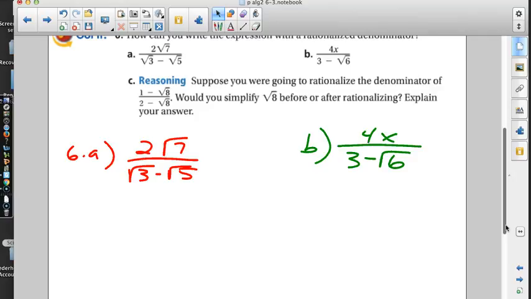I have seen a few papers that have botched the simplifying, so make sure that you check with your partner, see if you botched or they botched.